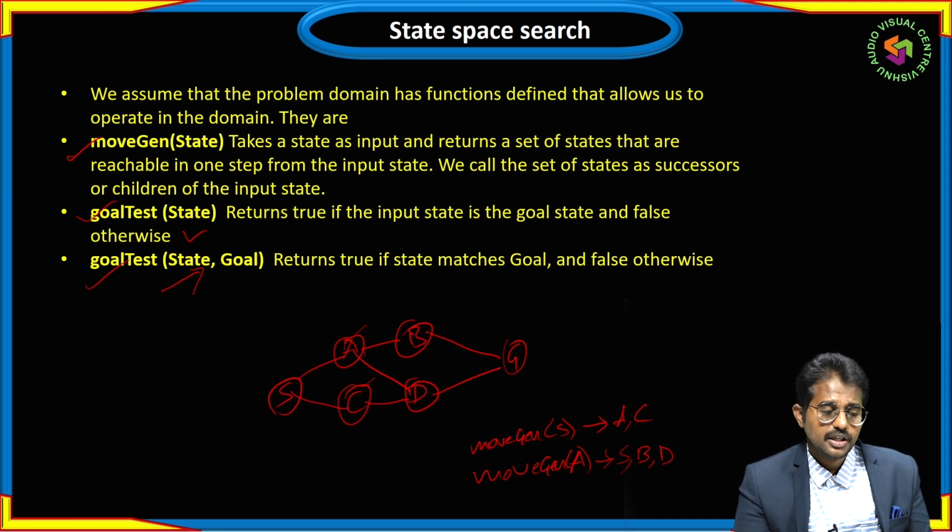The second function is goal test of state comma goal. Here the inputs for this function are some state S and also the goal state, we have to give both.